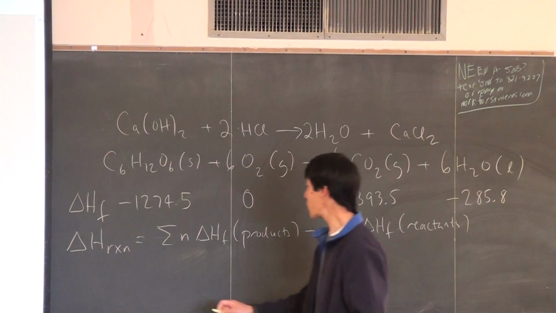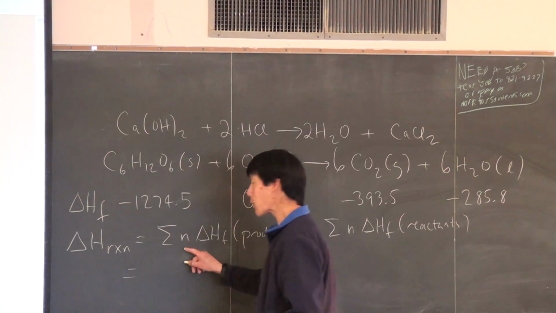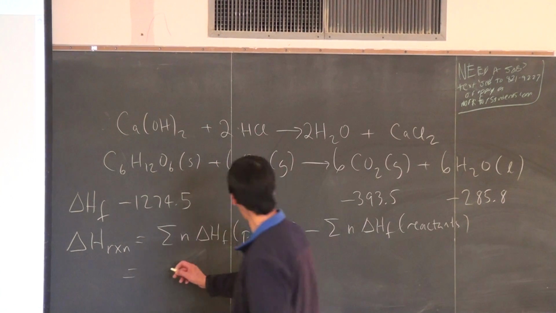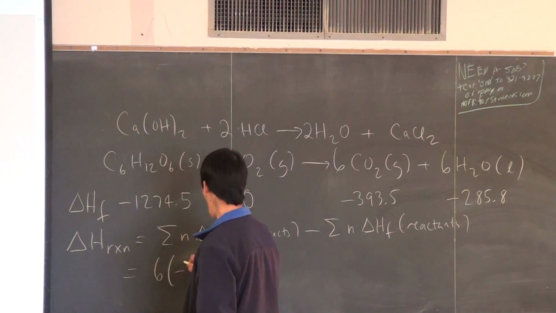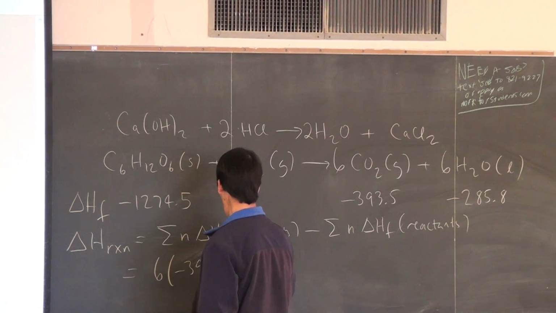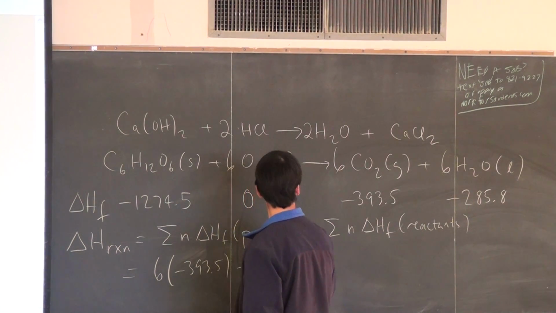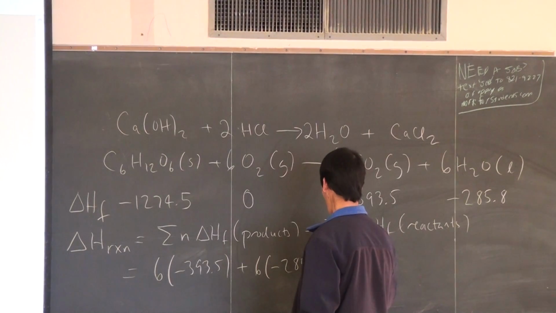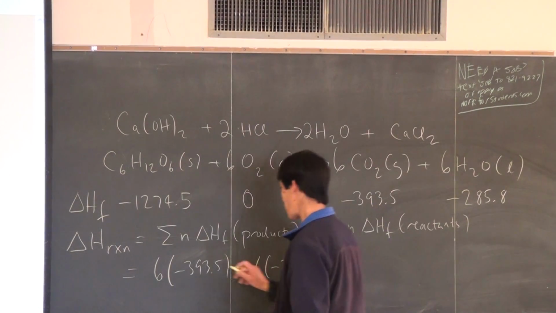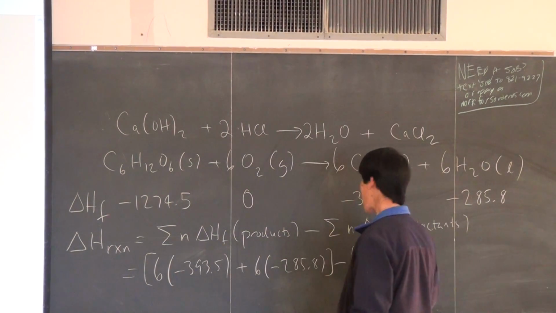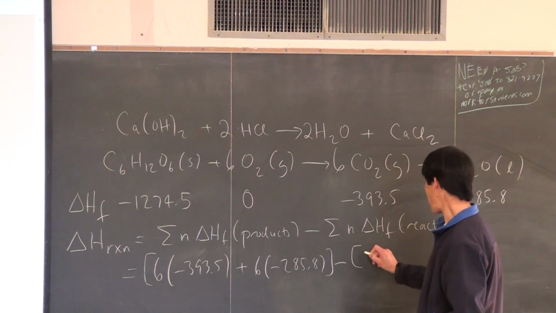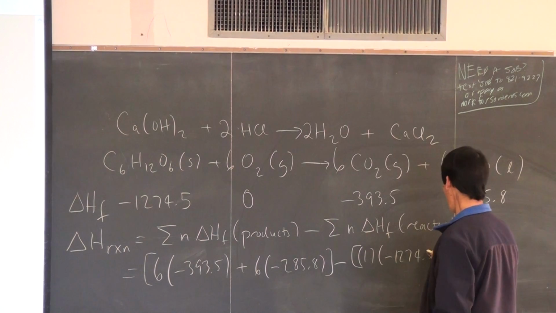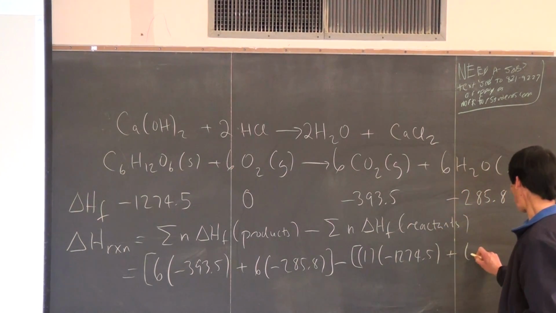N represents the coefficient in the balanced chemical equation, so we're going to have 6 times minus 393.5 plus 6 times minus 285.8, and then minus 1 times minus 1274.5 plus 6 times 0.